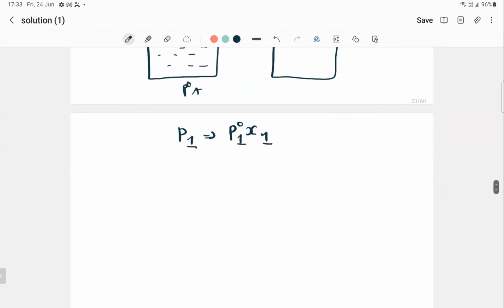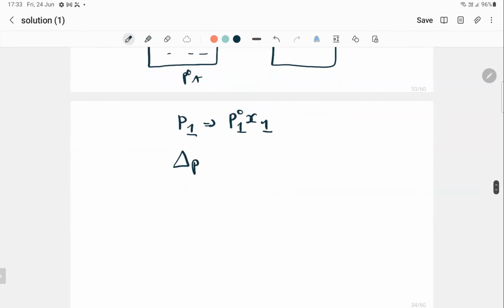Now we can connect with delta P. Your relative lowering of vapor pressure is denoted by this delta P. So delta P is equal to P1 naught minus P1. So what is P1 naught? Exactly. Vapor pressure of your pure solvent minus your vapor pressure of the solvent present in the solution.